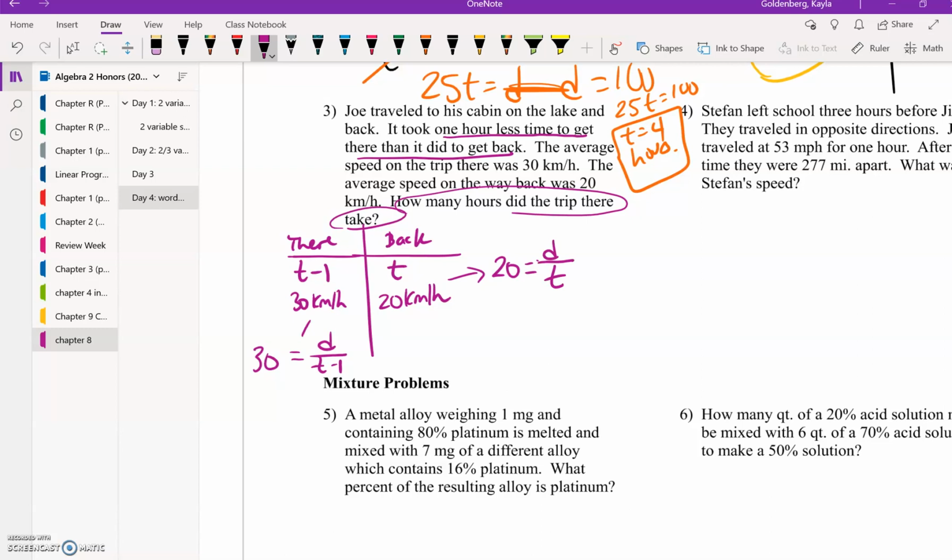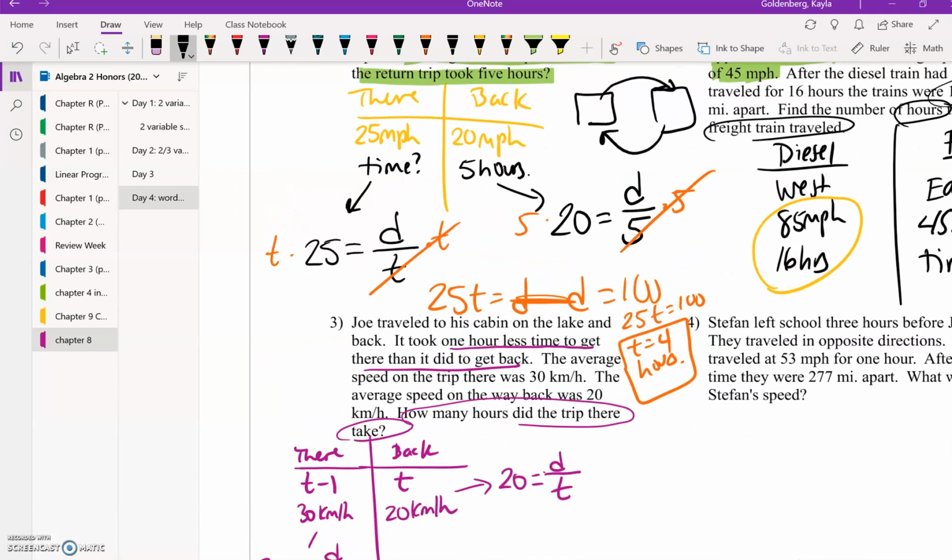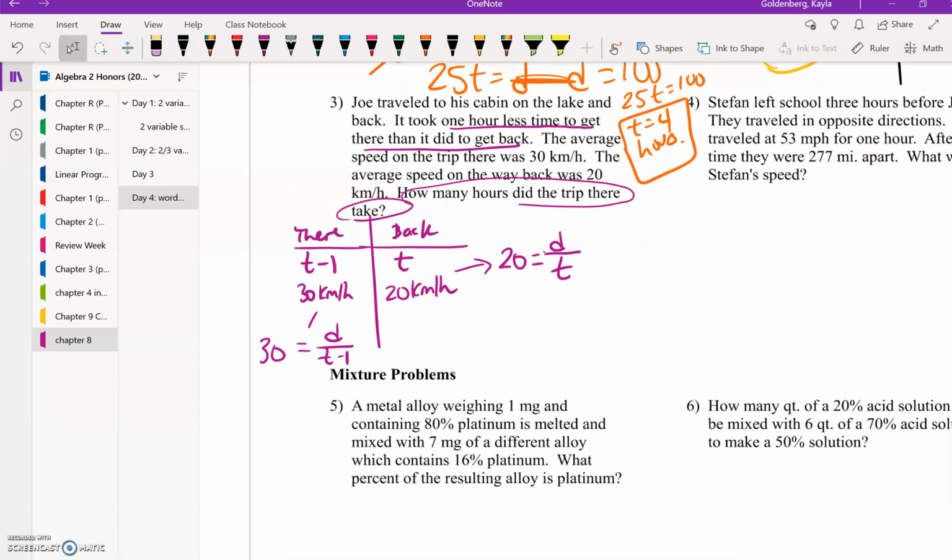We don't know either the time or the distance, so you could do 2 things. You could solve as a system of equations and formally write it out and do substitution and elimination, use the matrix. I'm going to do something similar to what I did up above here, where I solve for d and set them equal. So if I look at the first one, solve for d, I'm going to get d is equal to 20t. If I solve for it on this side, I'm going to do times t minus 1 on both sides.